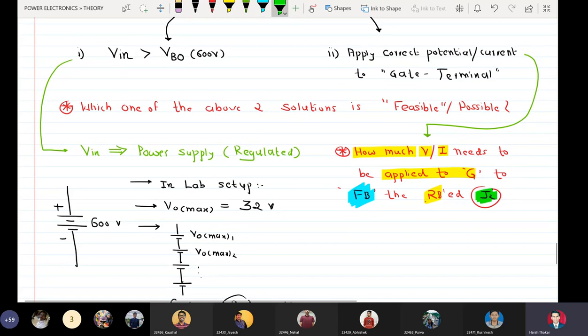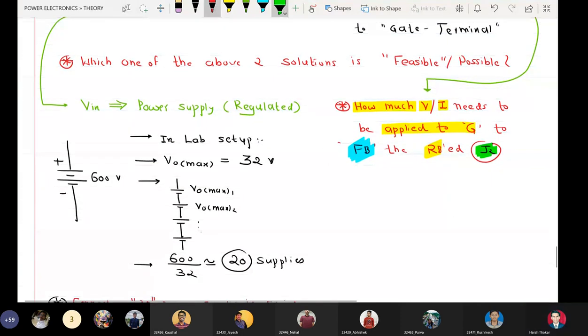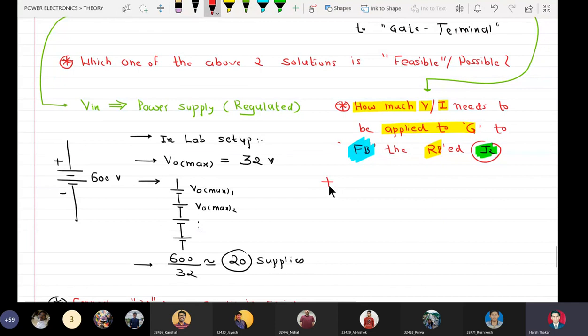Okay, so the problem is that the junction J2 is reverse biased and we either need to break it down or we need to reduce the reverse bias. So now the attempt is to reduce the reverse bias on J2. This is the solution.